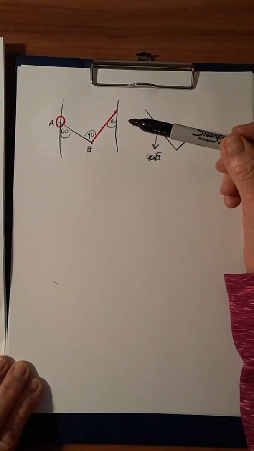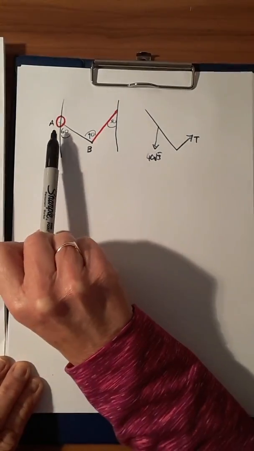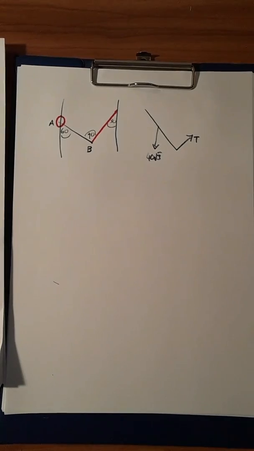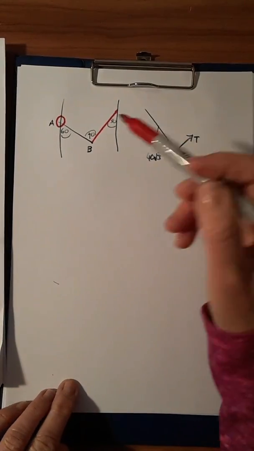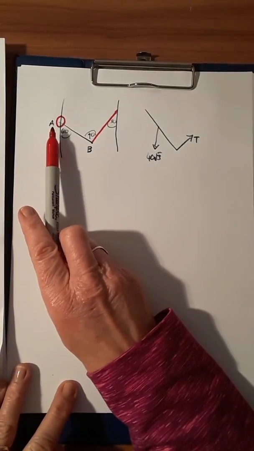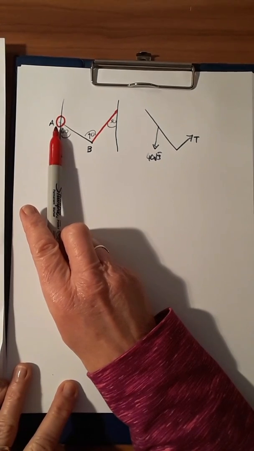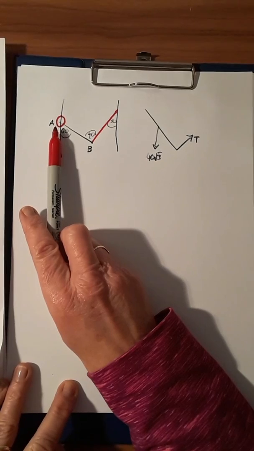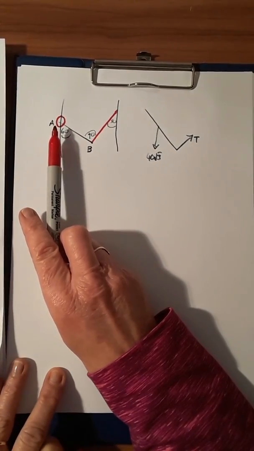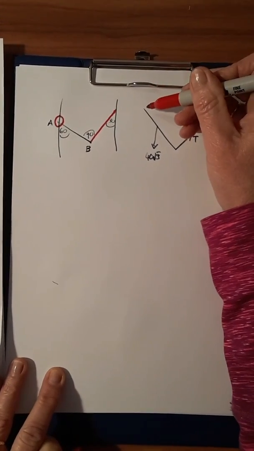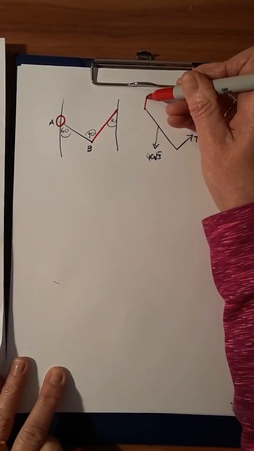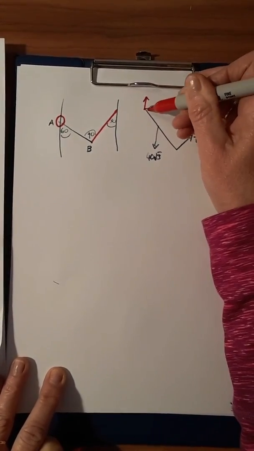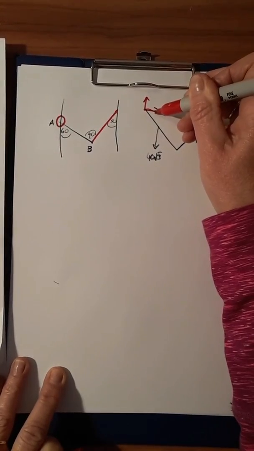Now, the other thing I'm interested in is this A, the hinge. The hinge reaction is made up of 2 components. It's made up of a vertical component and a horizontal component. And just as we go through the question, I always put the 2 components, the vertical one and the horizontal one, in the positive directions.